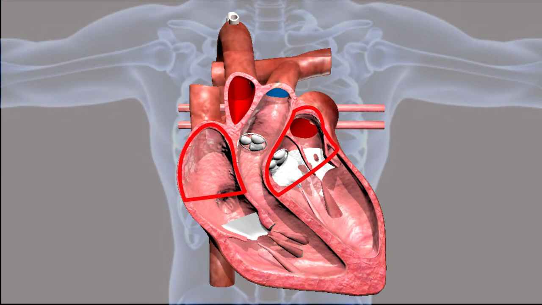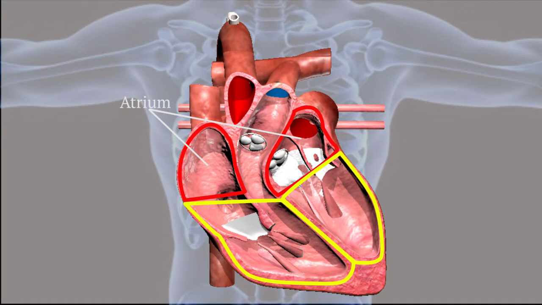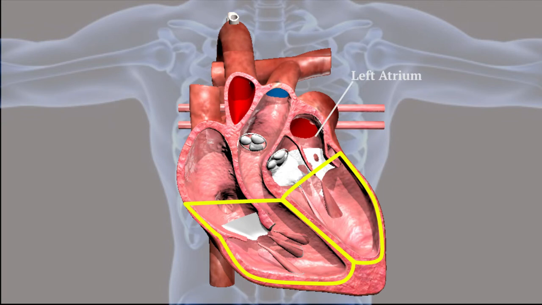Let's see. As we have studied, heart is a muscular organ having four different chambers, that is upper two chambers and lower two chambers. The upper two chambers are known as atrium and lower two chambers are known as ventricle. The left side upper chamber is known as left atrium.